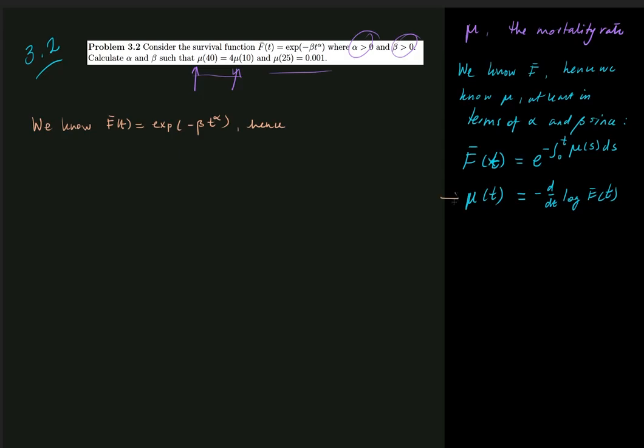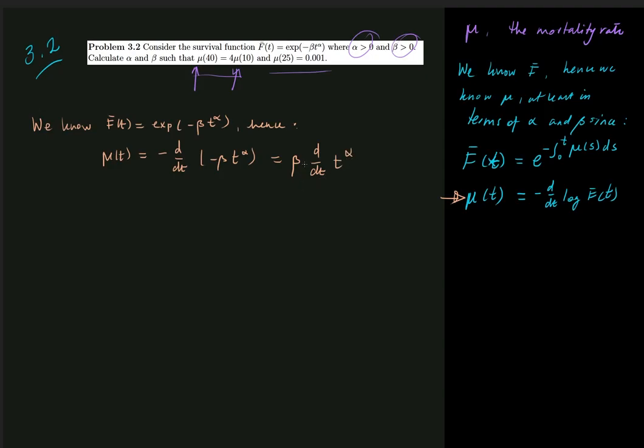Hence, using this, we know that the mortality rate, mu of t, is equal to minus the derivative of minus beta t to the alpha, because I take the logarithm of the exponential and that just cancels out. And this is equal to beta times the derivative of t to the alpha.